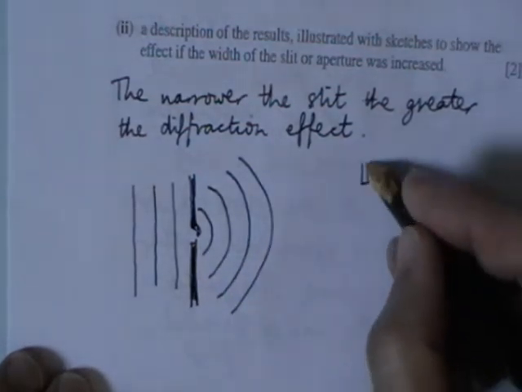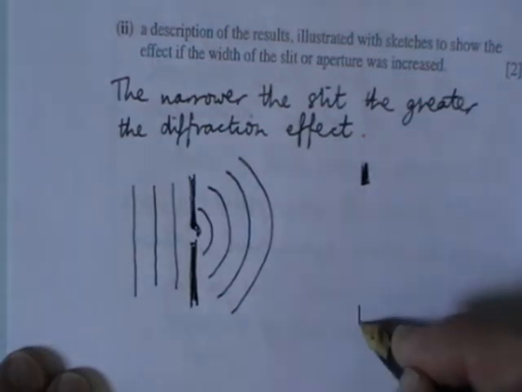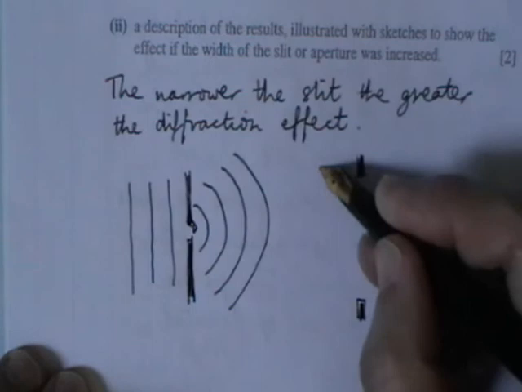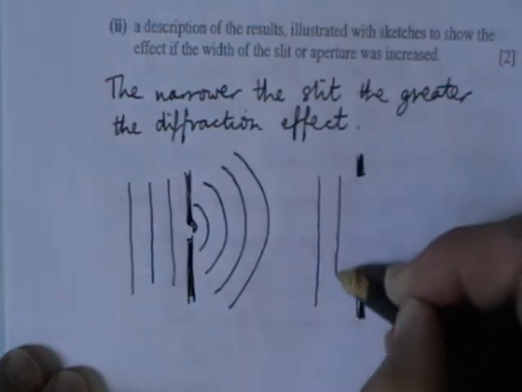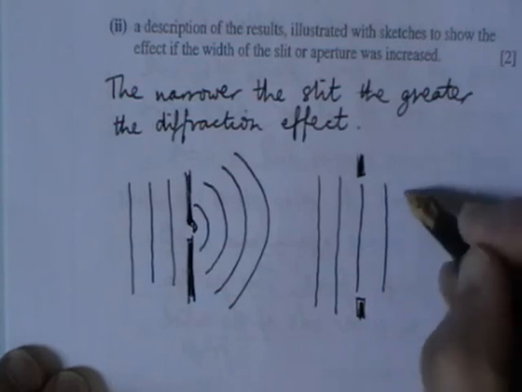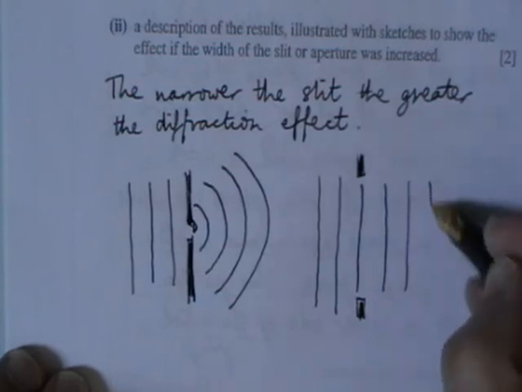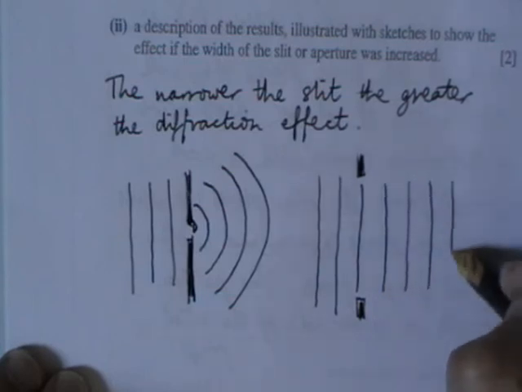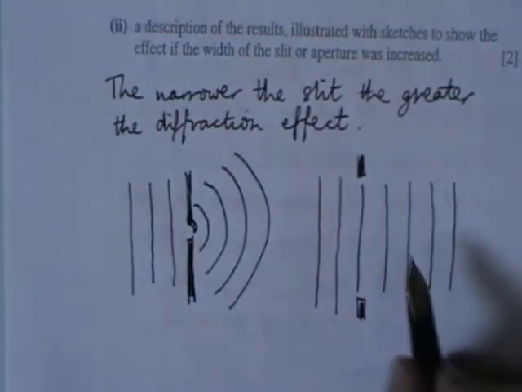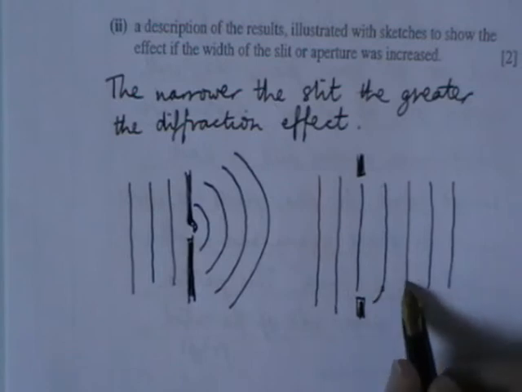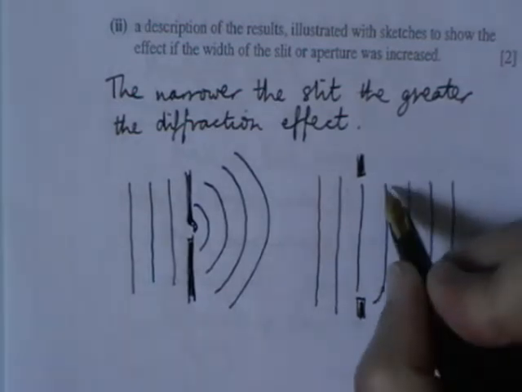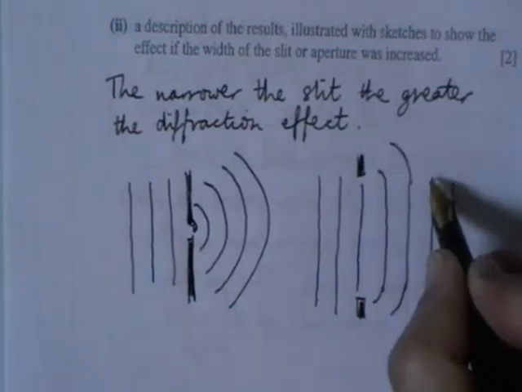And then when we have a much wider gap or wider slit, the waves as they approach will go straight through. Again, ensure that you have equal wavelengths on either side. It might be better to measure that a bit better, and then we get a little bit of diffraction around the edges in this instance.